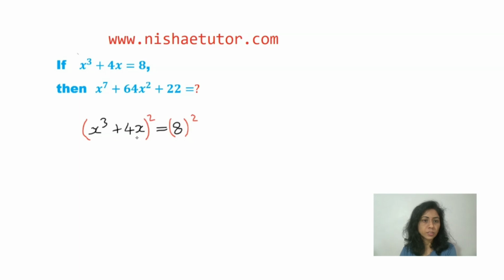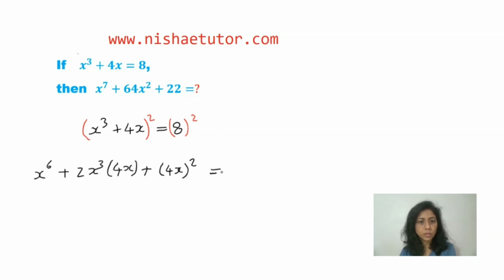Here we can apply the algebraic identity (a plus b) whole square, so a square plus 2ab plus b square. Here a value is x cube and b value is 4x. So x cube squared gives x to the power 6, plus 2 multiplied by these two values, and plus b square, or we can say 4x whole square. 8 square is 64.